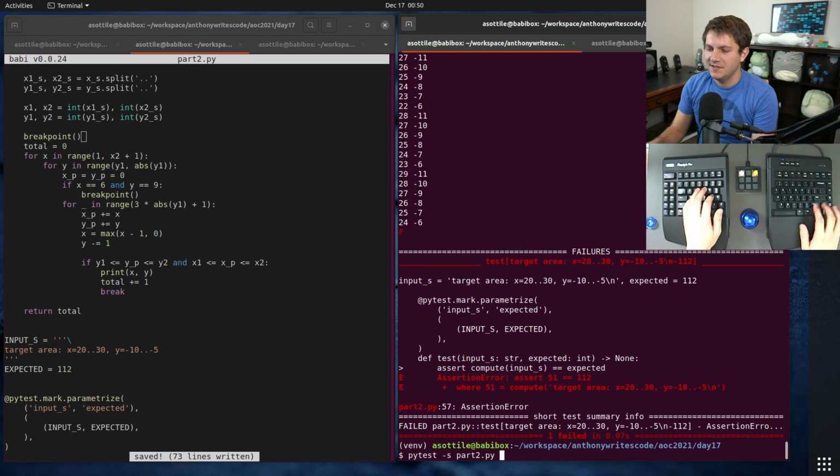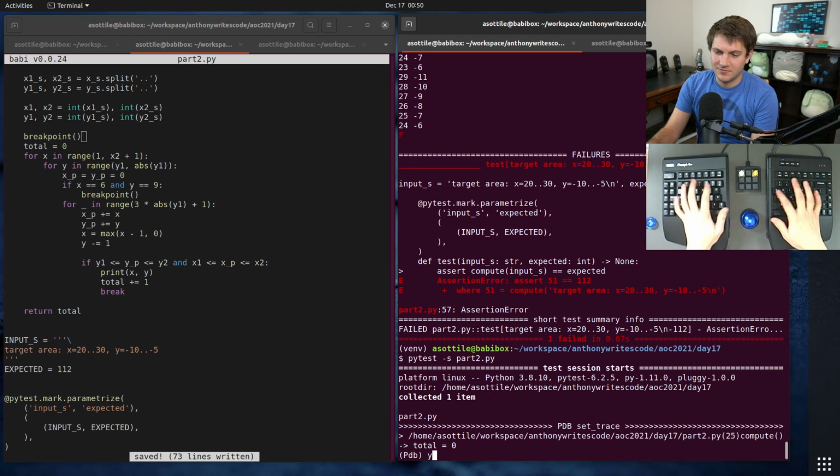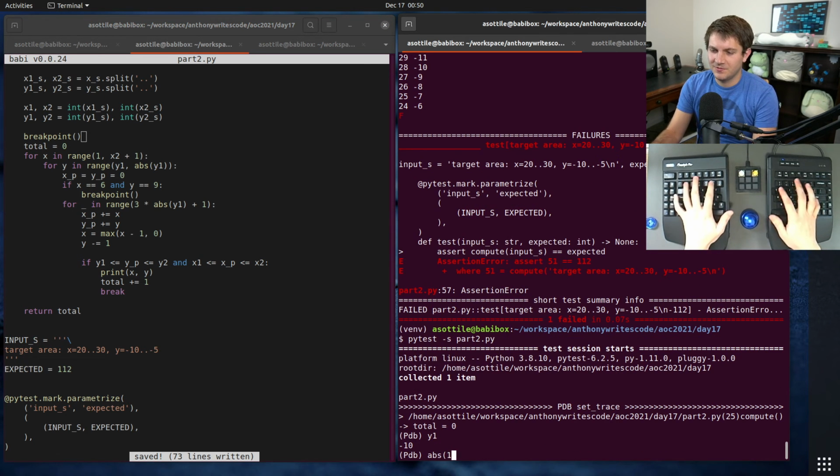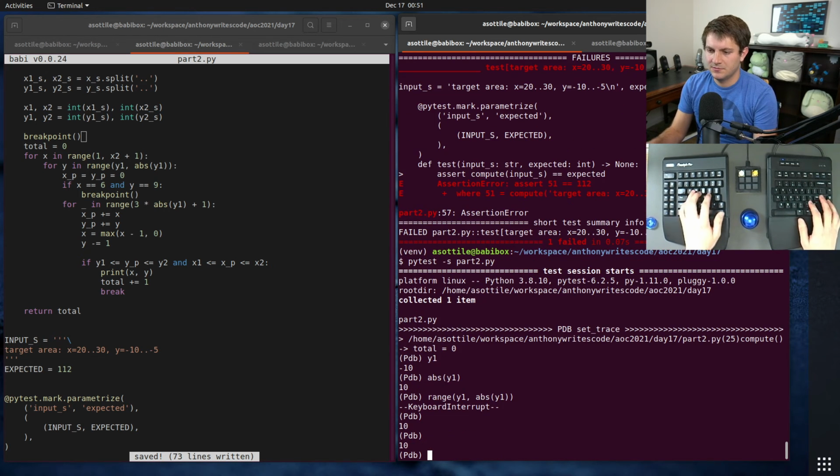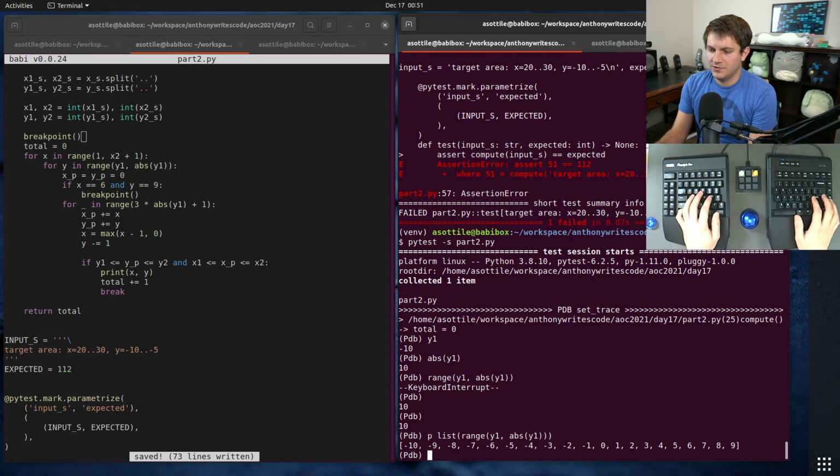Am I losing my mind? Y1 is -10, abs Y1 is 10, range Y1, abs Y1. Should be up until 9.